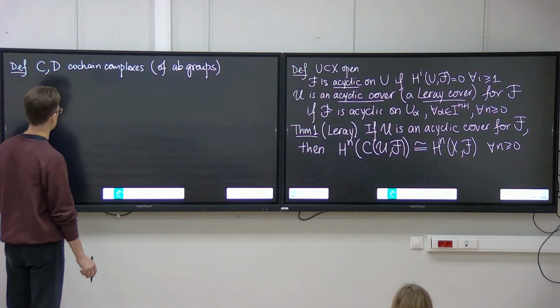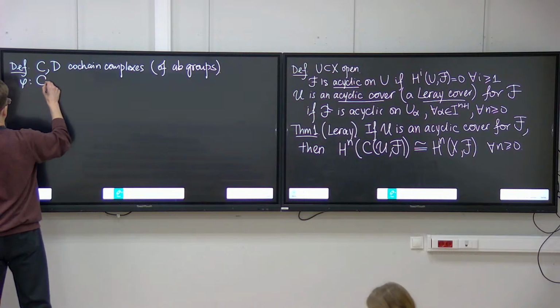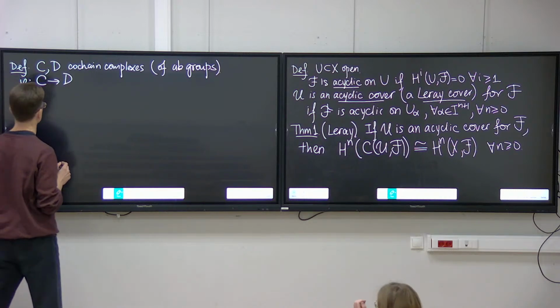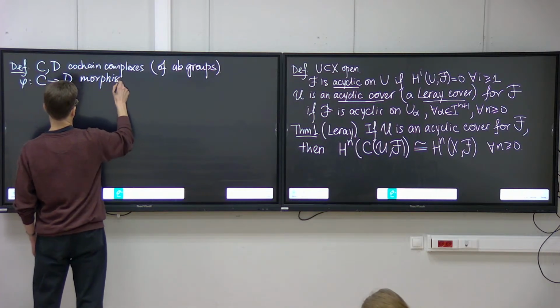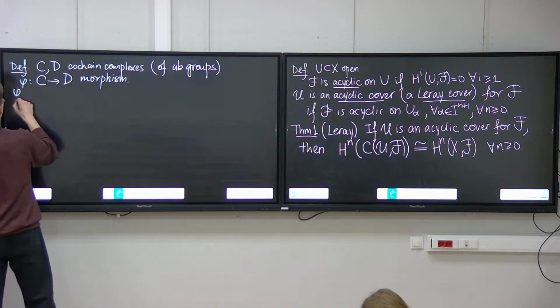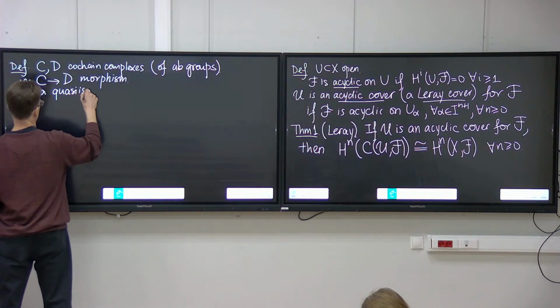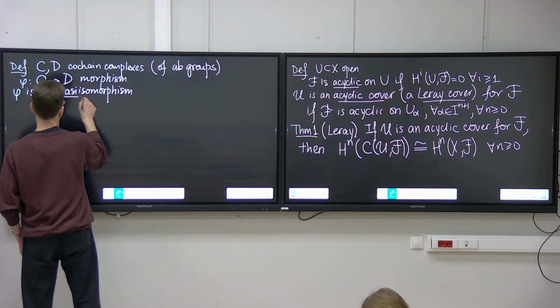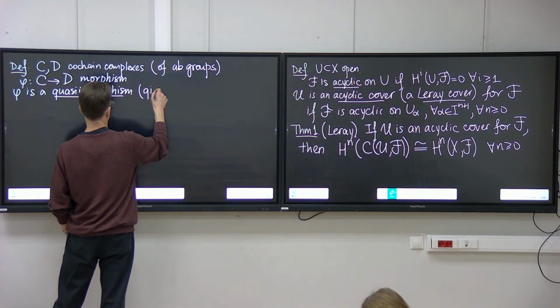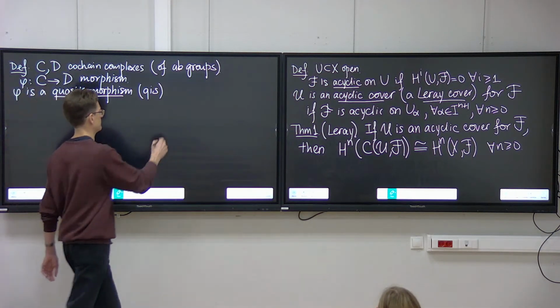If you have a morphism between C and D, a chain map phi, then we say that phi is a quasi-isomorphism, and we abbreviate it like this, if it induces an isomorphism in cohomology.